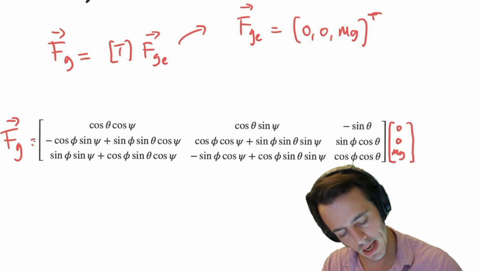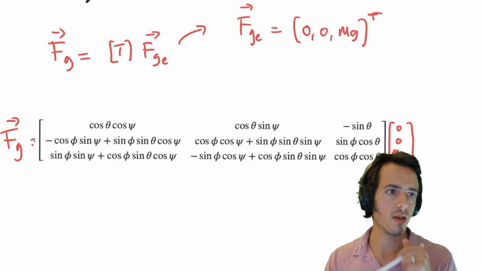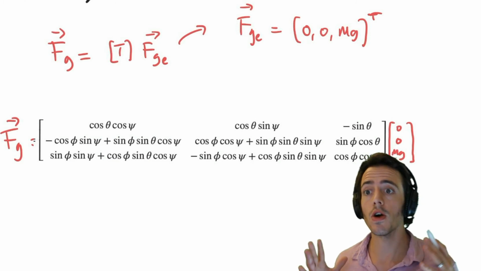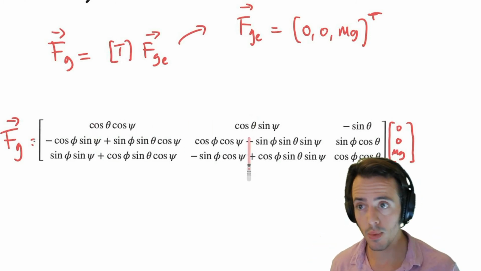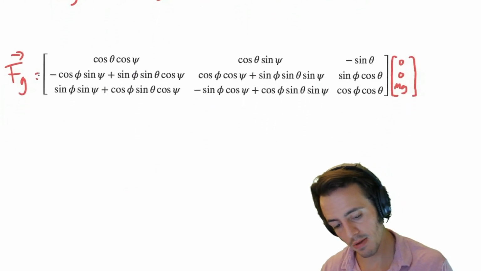So you should be able to see here, actually, the only terms we need are in this last column, because all we're going to get are 3 components of the gravitational force vector. We don't need any of these first few bits, which is really handy for us. Okay, it's handy for doing a complicated matrix multiplication.